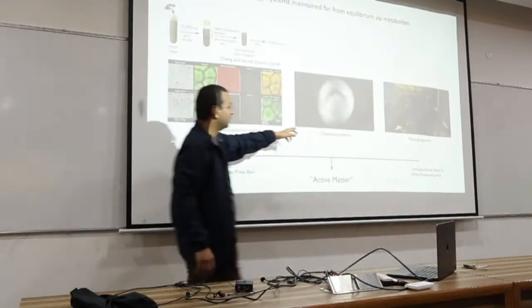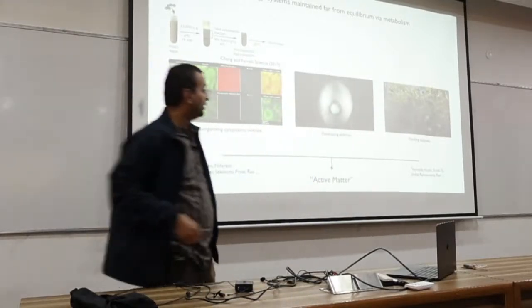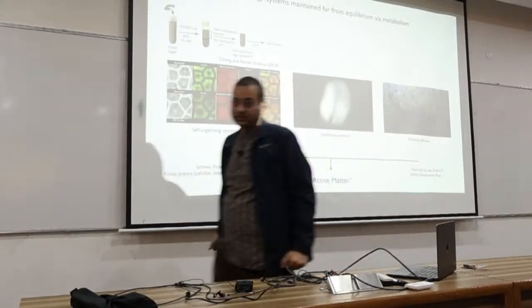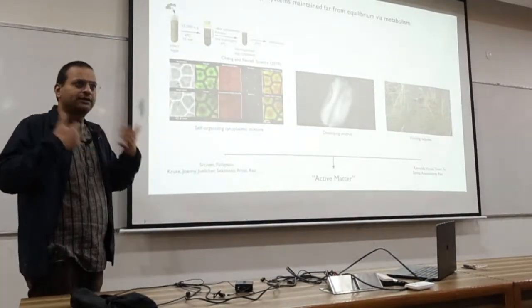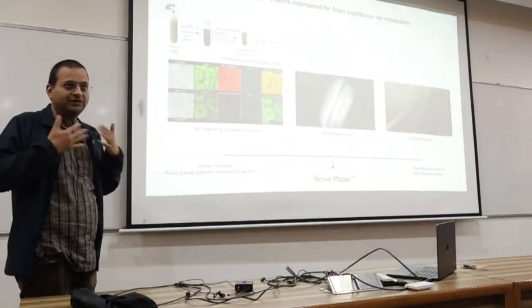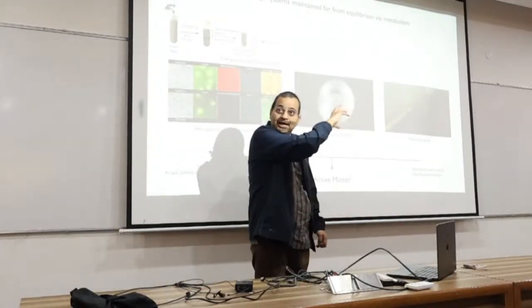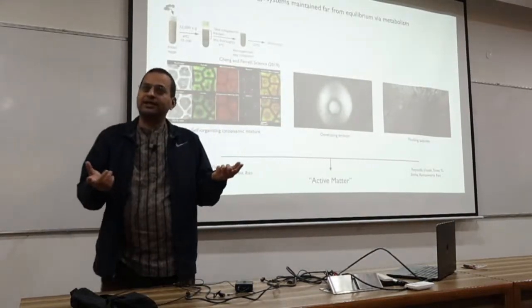In the middle is a movie of the development of the frog embryo. In the last is this flocking of tadpoles. But it turns out that when we write the governing equations for phenomena across these scales, using the ideas that I just told you, the equations are all the same.